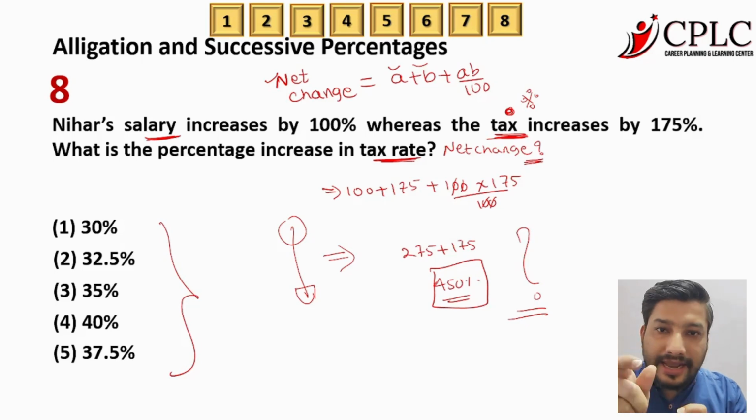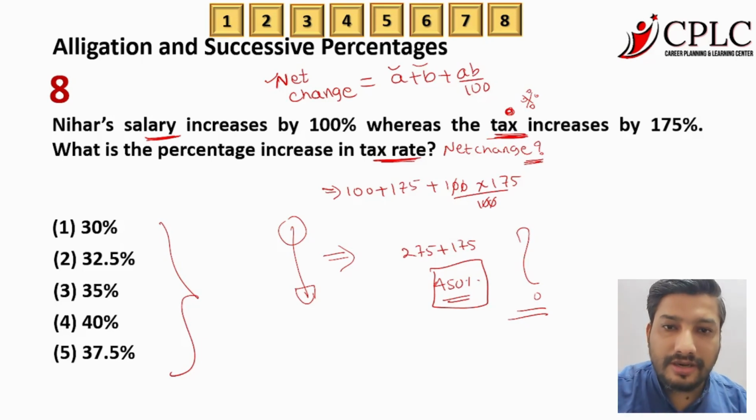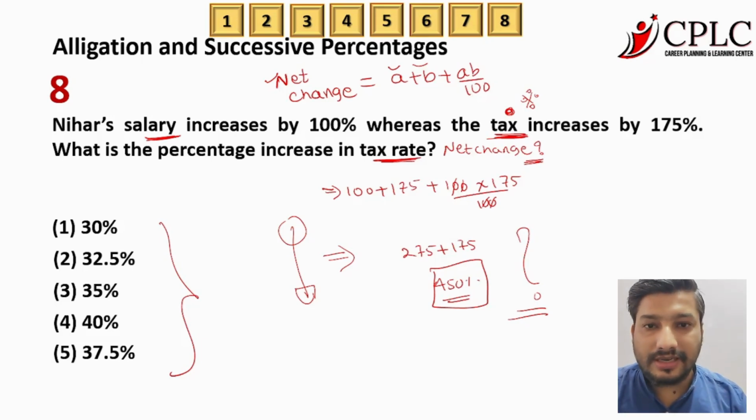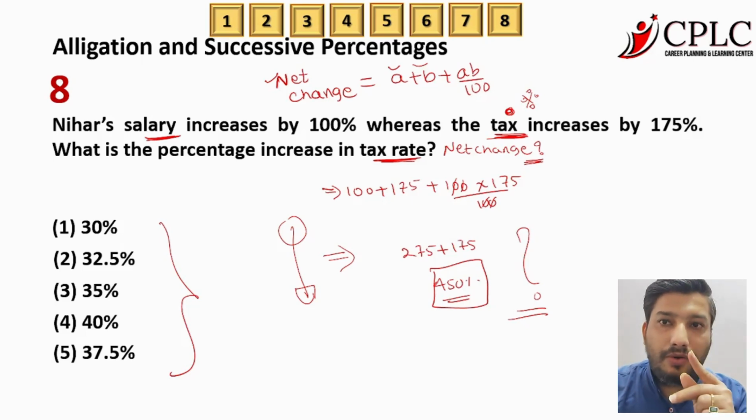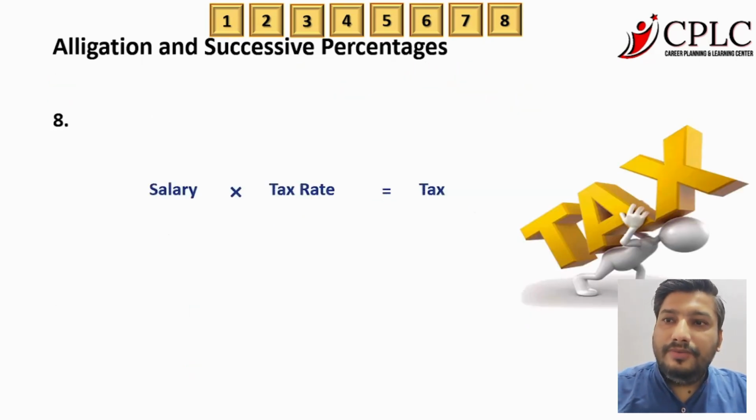So salary has to be one of your A or B, and then tax rate has to be the other one, whereas the tax has to be the final outcome basically. So we have to just tweak the formula. Instead of taking tax rate as the net change, we have to take tax as the net change. So let's apply the formula now.